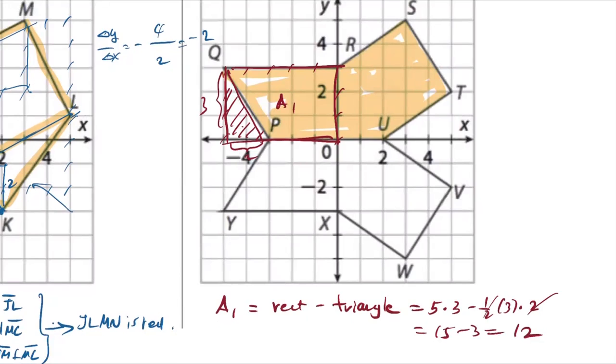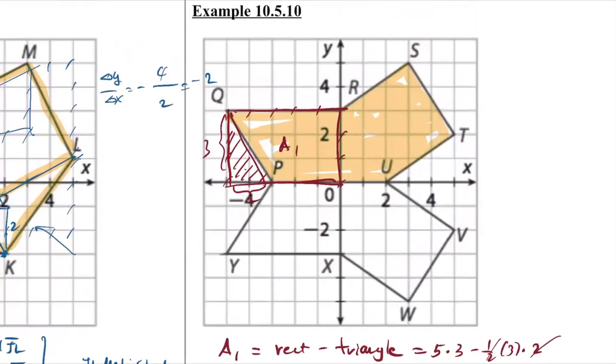Let's get area 2. The area 2 is if you could draw a shape like this, right? What we could do is take away these 3 triangles, shall we? All right.